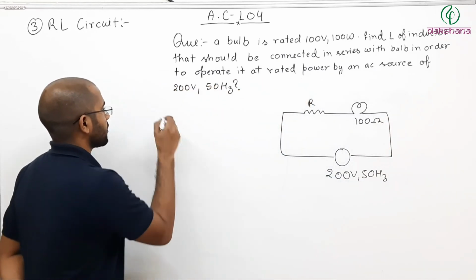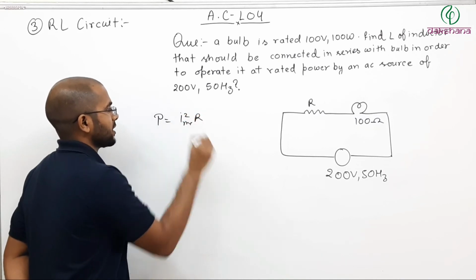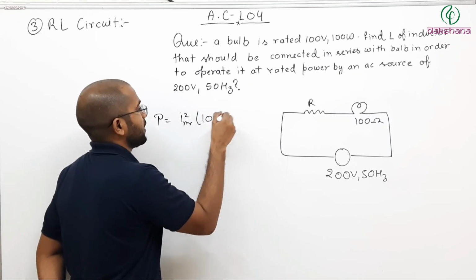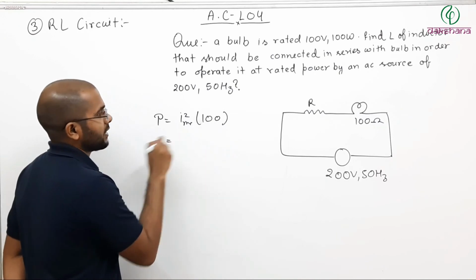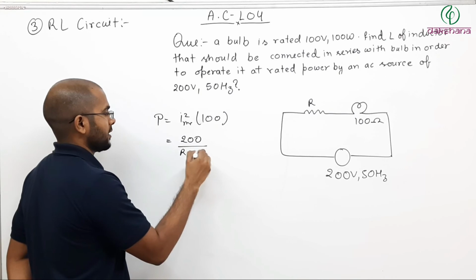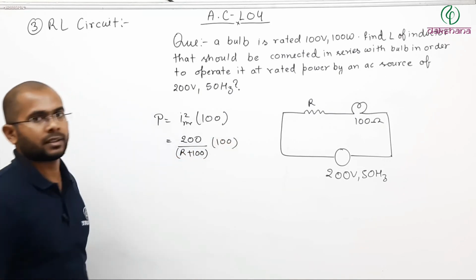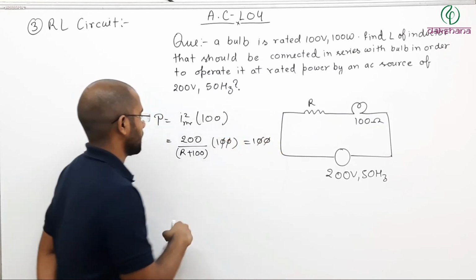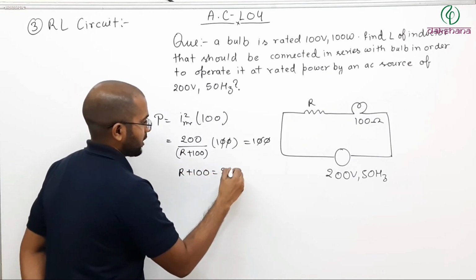What would be the power? Power is nothing but I square times R. I RMS square times R, that is also correct. Not R, we want to know the power of the bulb. So 100. So I is nothing but 200 divided by R plus 100, squared, multiplied by 100, and this is equal to 100 watt. So zeros cancel, R plus 100 is equal to 200.